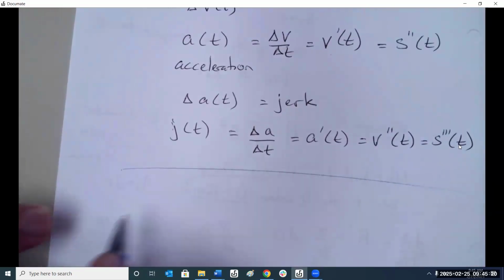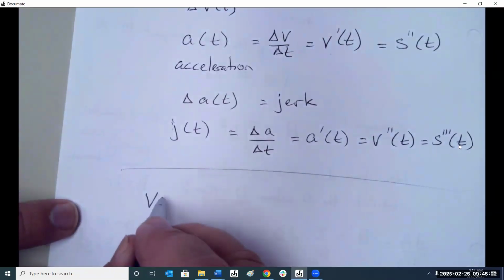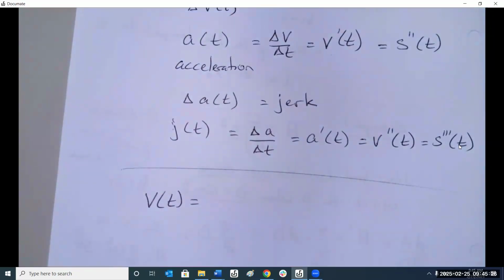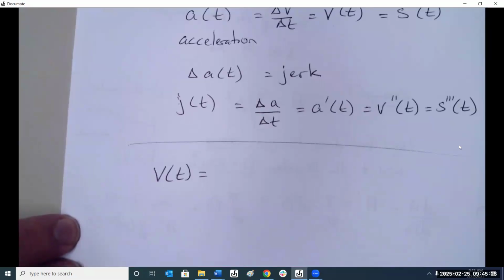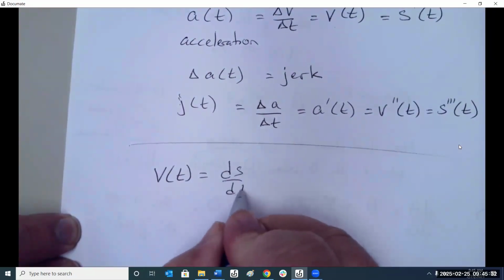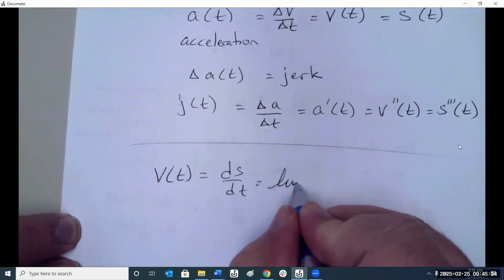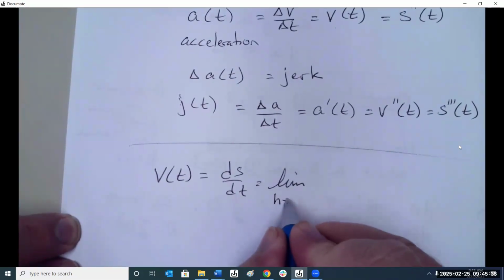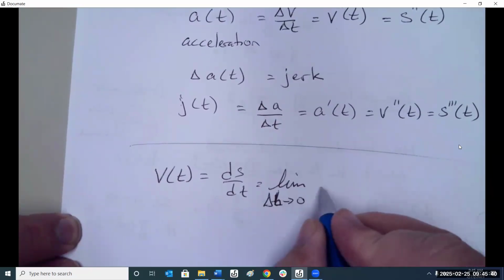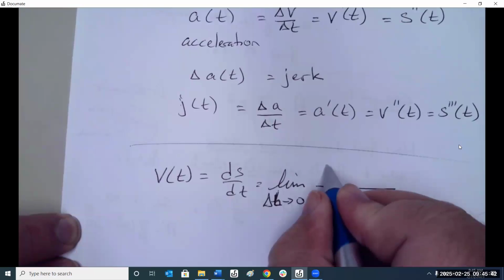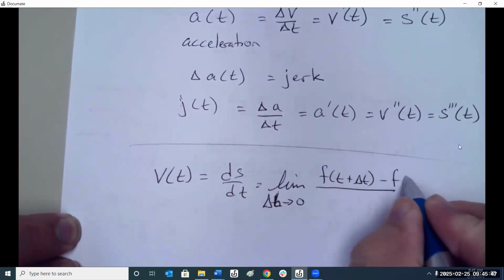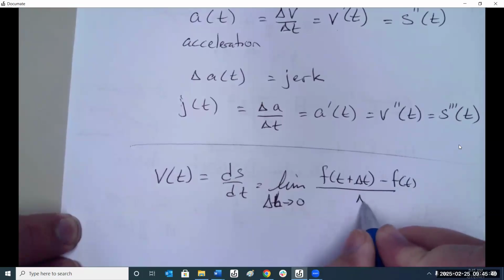So let's look at velocity. The function for velocity, remember, is the first derivative of the position function, which means it's the limit as delta t goes to 0 of f of t plus delta t minus f of t all over delta t.